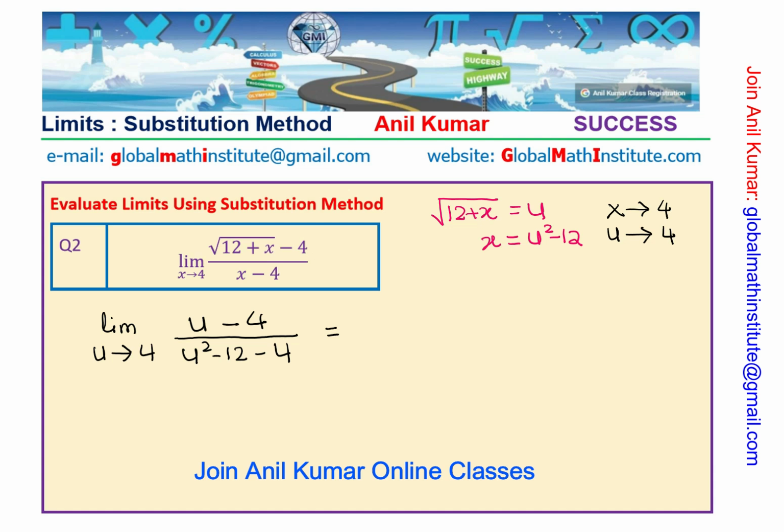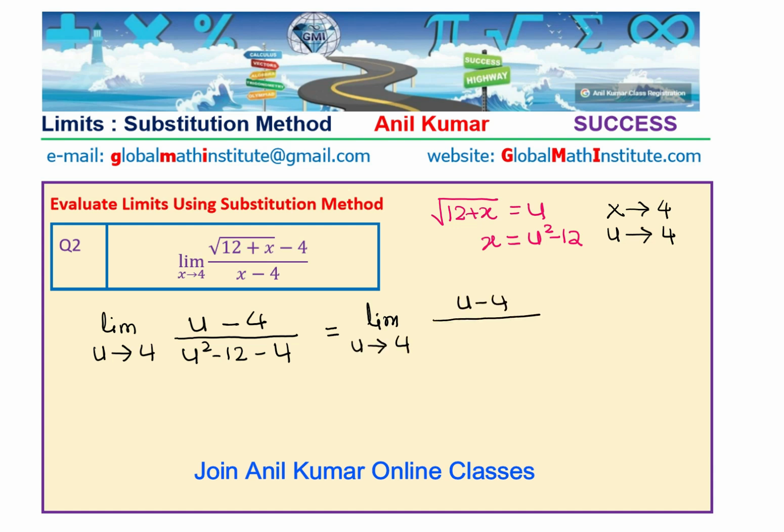Now that is a simpler limit to solve. So we get limit u approaches 4 of u minus 4 over, in the denominator, u square minus 16. U square minus 16 can be factored. So we get limit u approaches 4, u minus 4 in the numerator, and denominator is u plus 4 times u minus 4, correct?